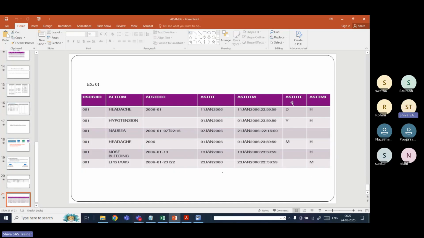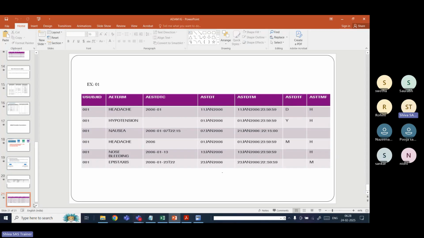If you are imputing year, month and day, Y; month and day, M; only day, D. You can see here only headache 2006, so M, because we are imputing January and 1. So these are the imputation rules and related variables.